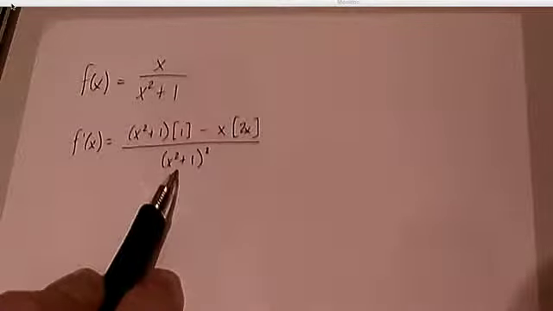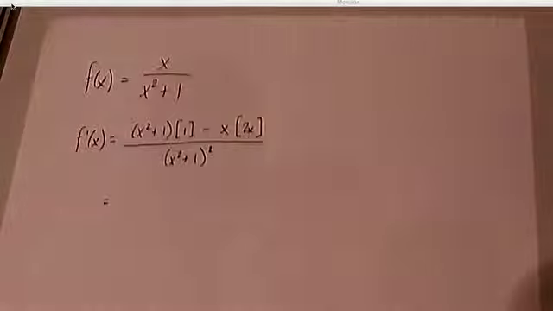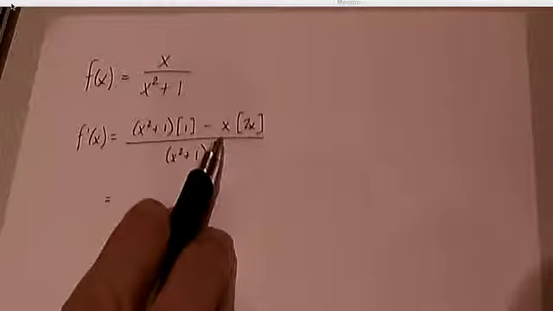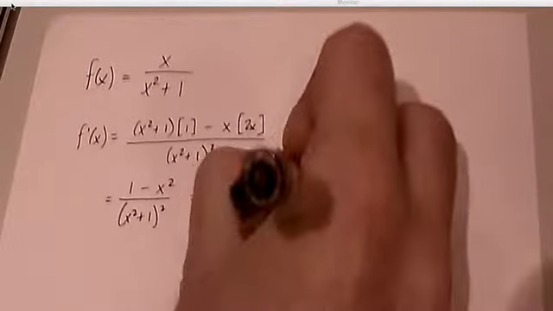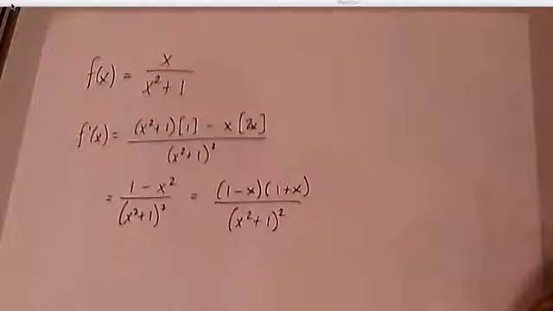because that denominator is always positive. Well, that denominator is always positive. So the only hope we have is, of course, finding a place where the numerator is equal to 0. Well, that's going to be x squared plus 1 minus 2x squared, or 1 minus x squared, over x squared plus 1 squared, and we get 1 minus x and 1 plus x as factors in that numerator.